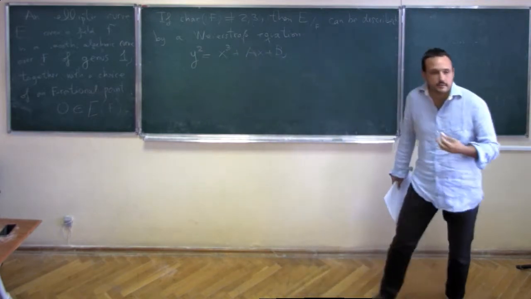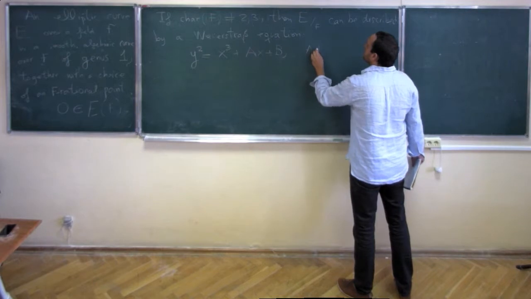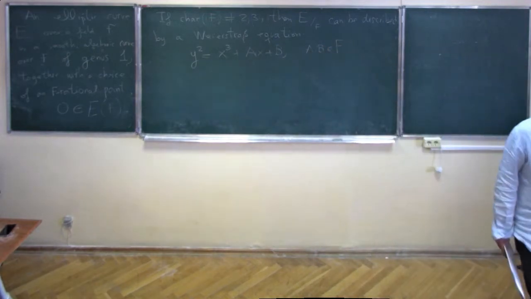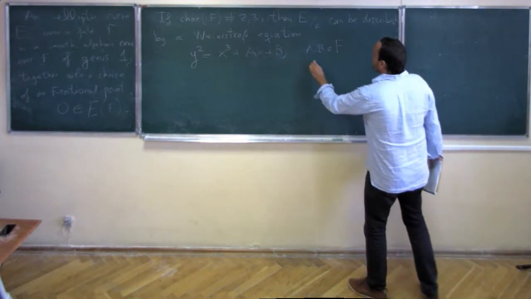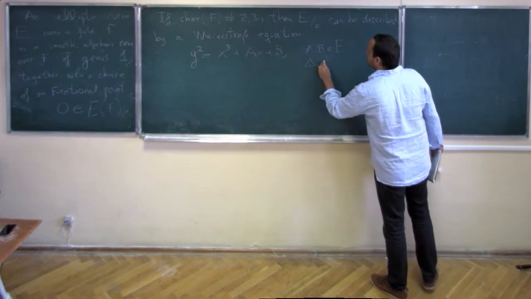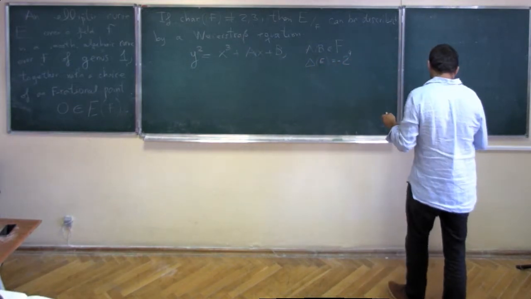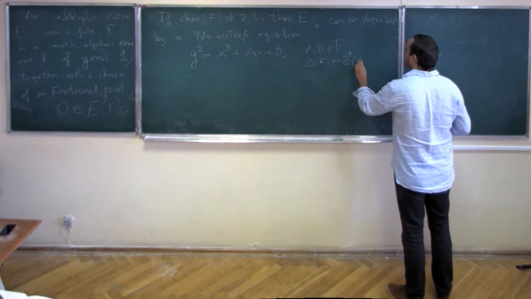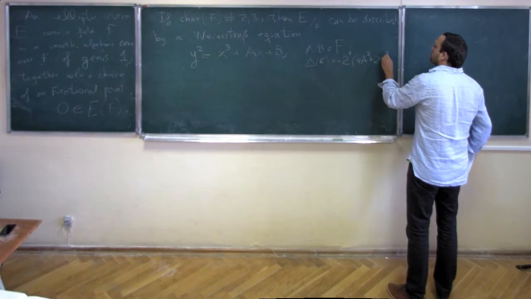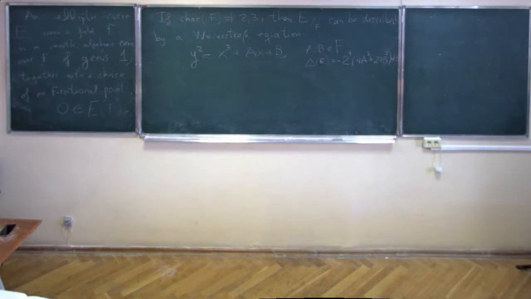The fact that this curve is defined over F means that these a and b are elements in F, and the fact that it's smooth means that the discriminant of this cubic, namely this quantity, is different from 0. This means that this curve is smooth.